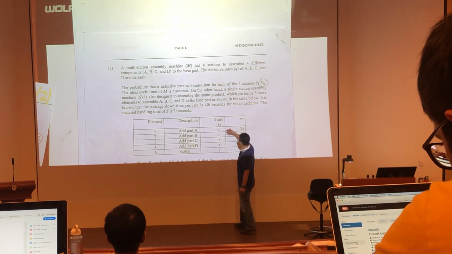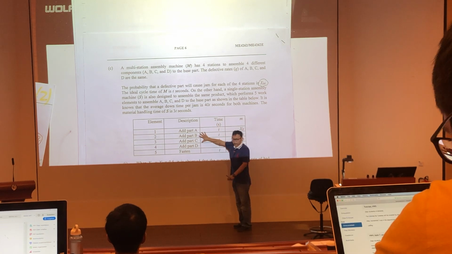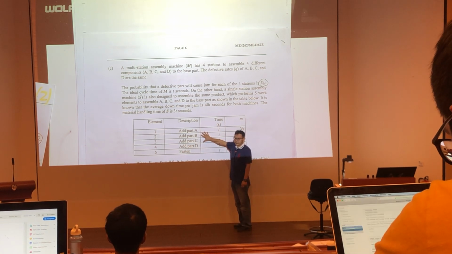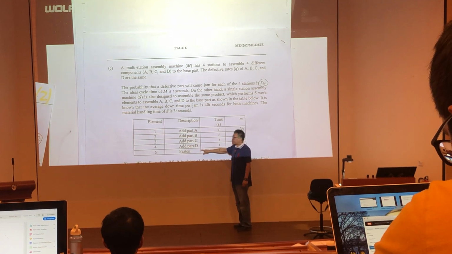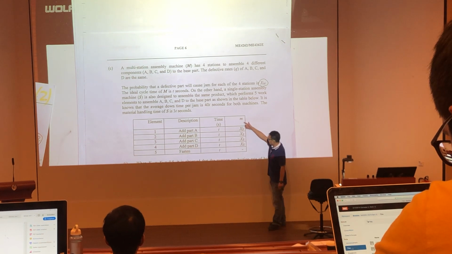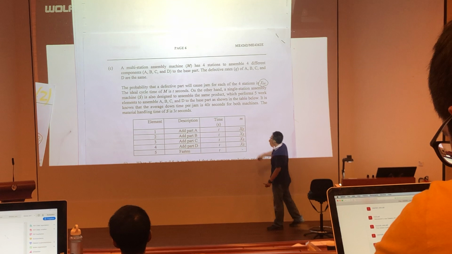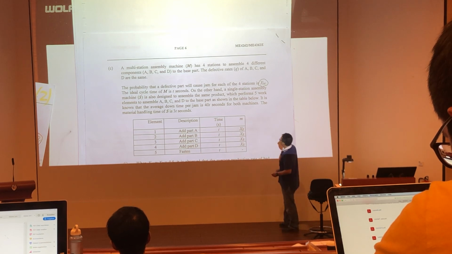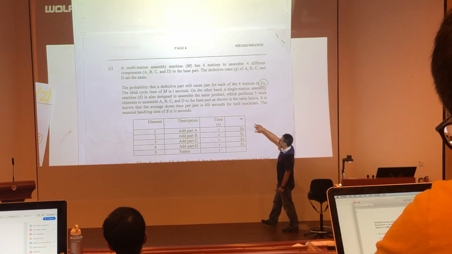So you can see that the element times are given. First of all, involving addition of components. The last one is fastening. All the element times are given as T. It's known that average downtime per defect is 40 T for both machines, in seconds.